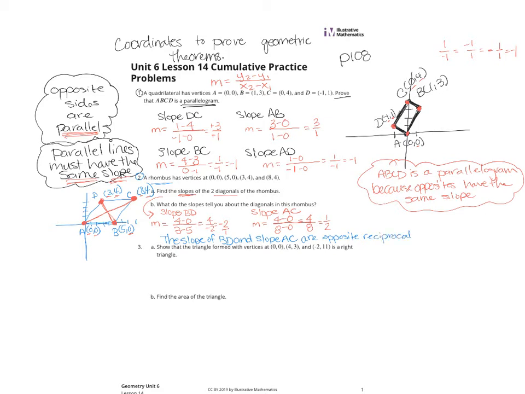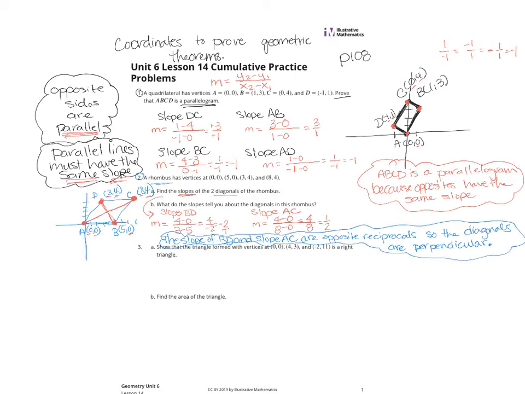Opposite reciprocals meant that our lines were perpendicular. So the diagonals are perpendicular. And that's answering the question for B.